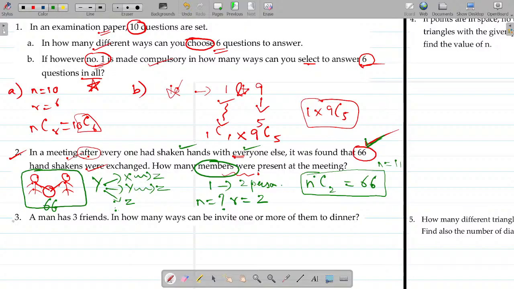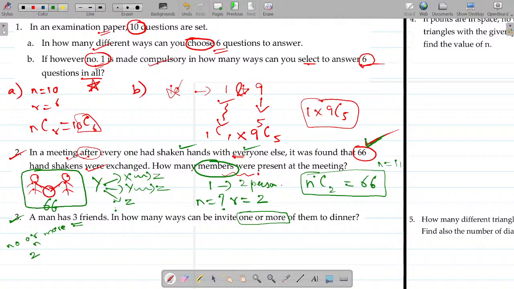Third one, as per the concept we have done: a man has 3 friends. In how many ways can he invite one or more? Once you see this phrase, you have to understand: one or more. You know the formula, 2 power n.